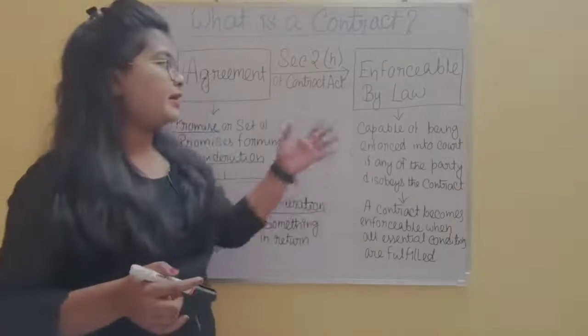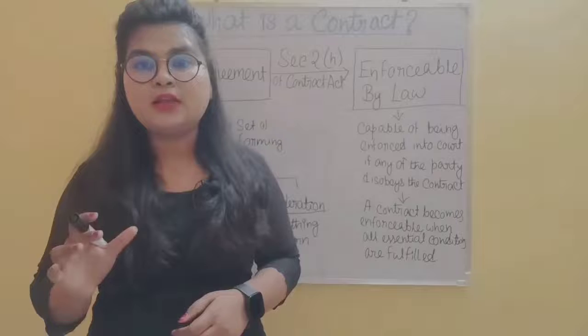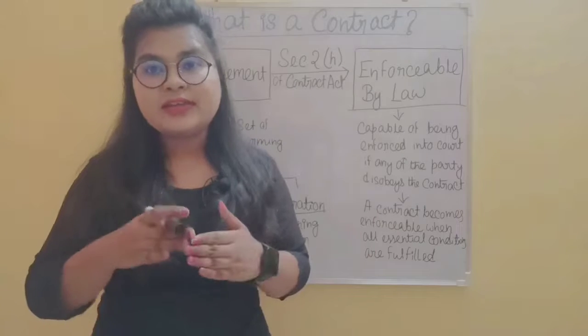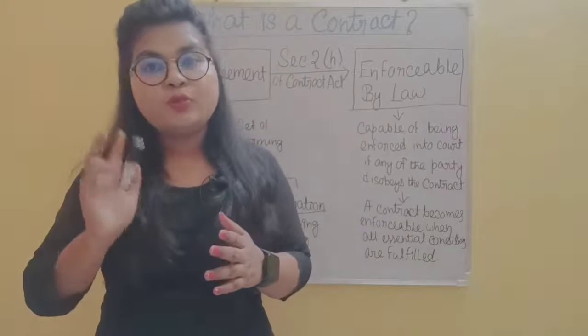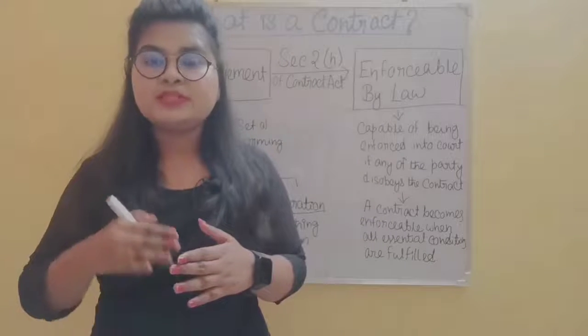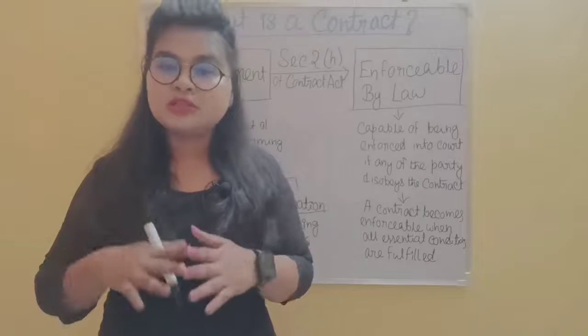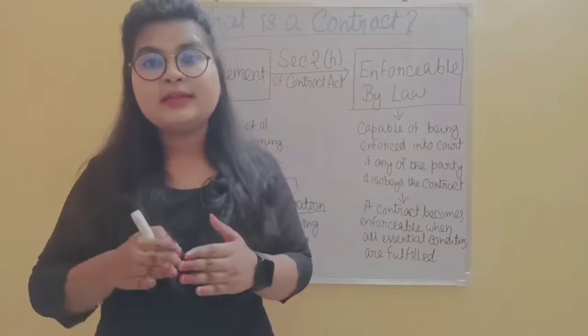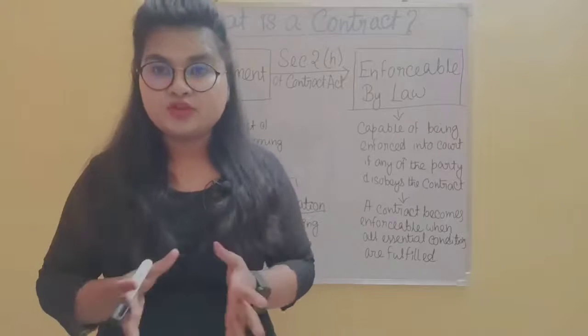Now let us understand enforceable by law. This is a very important thing. Enforceable by law means the contract is enforced in the court. If, of the two persons in the contract, one person breaches the contract or disobeys any condition of the contract or the whole contract, then the other person can go to the court for seeking justice. That is enforceability.